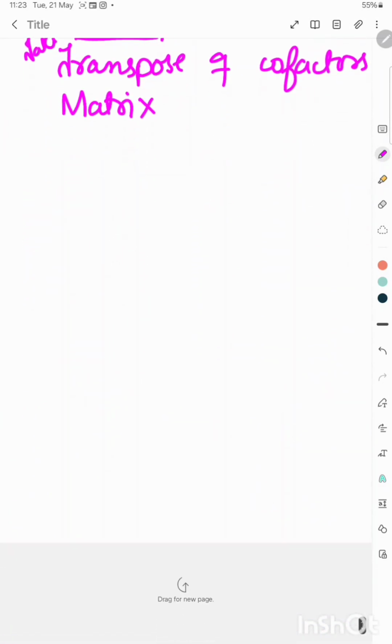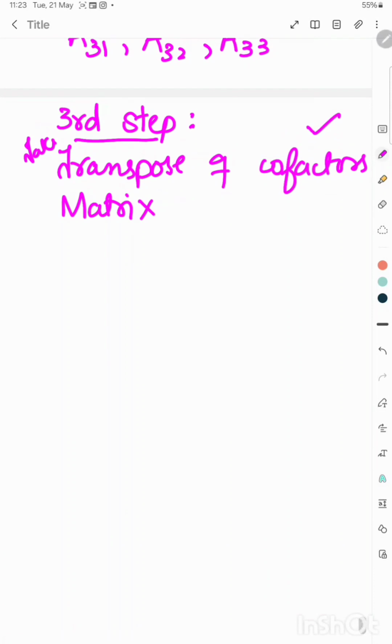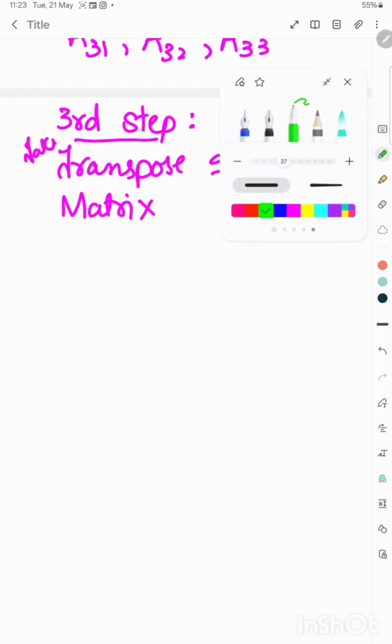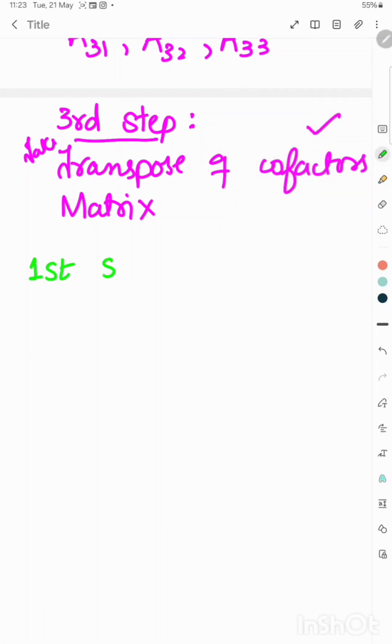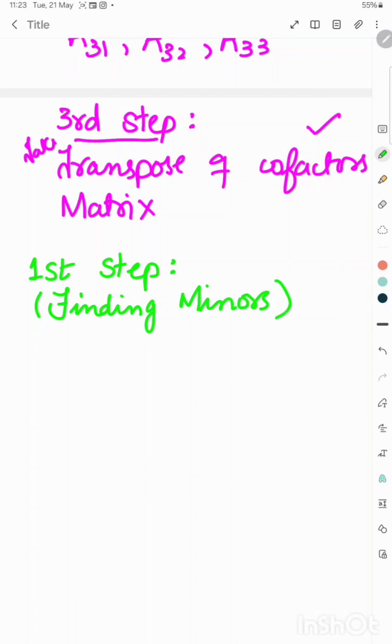So, how will I find the minors? I will write here my first step: finding minors. As you know, there are 9 minors. So I will go for the first minor, that is M11.